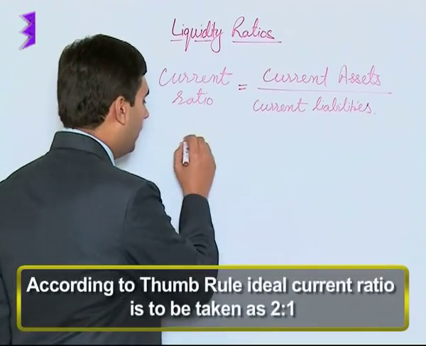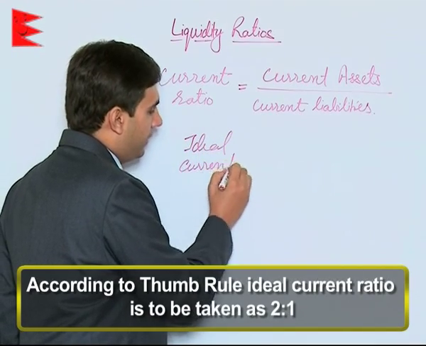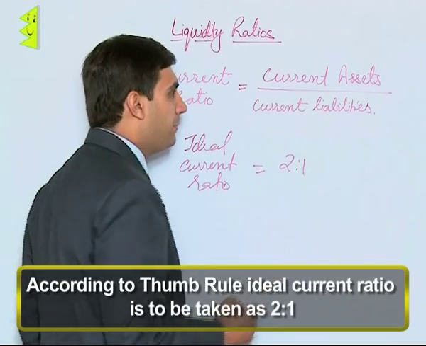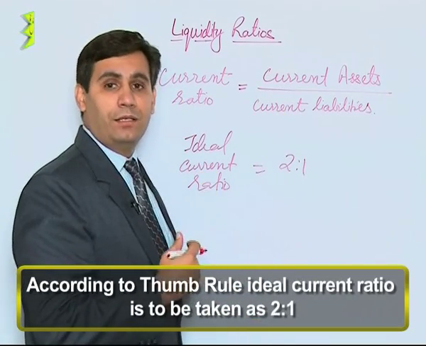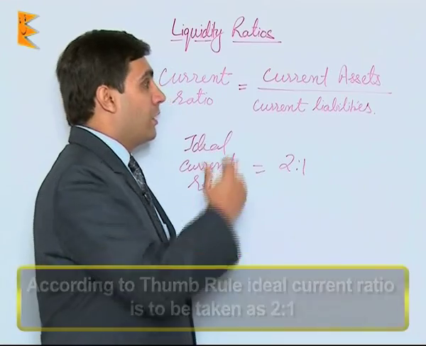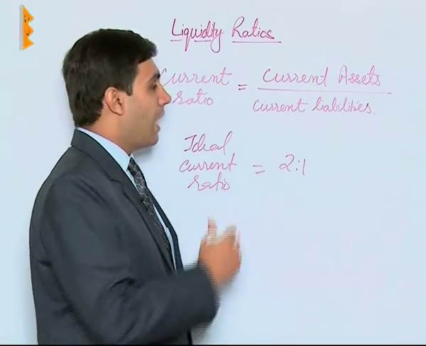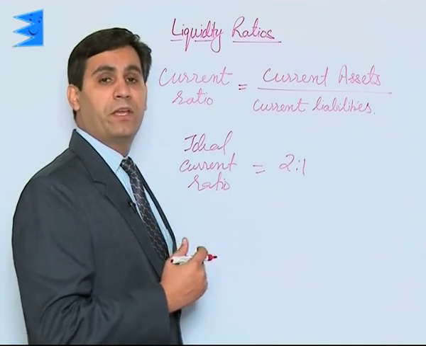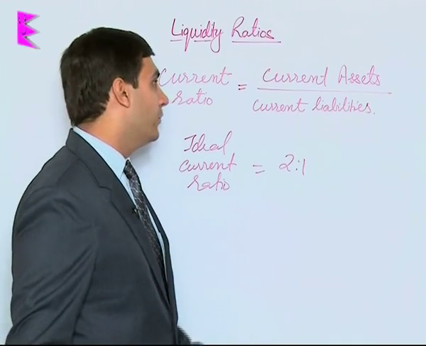As a rule of thumb, the ideal current ratio is taken to be 2:1. That means our current assets should be at least twice the current liabilities. This situation, that is 2:1 ratio, enables our creditors to be sure about the ability of the business to pay off its current liabilities. Now, let us move to various components.